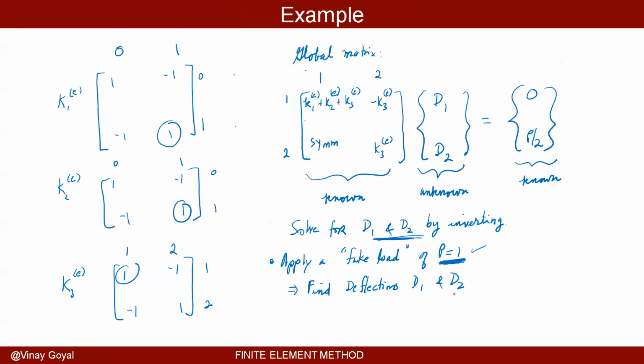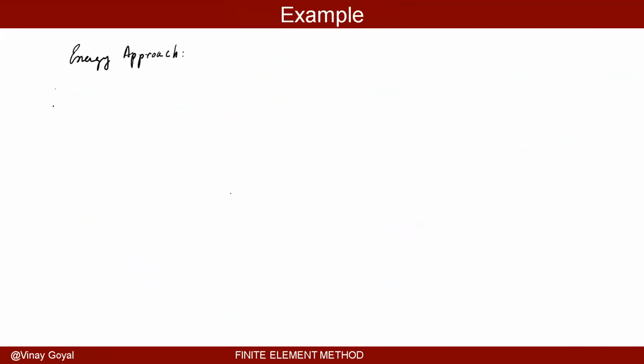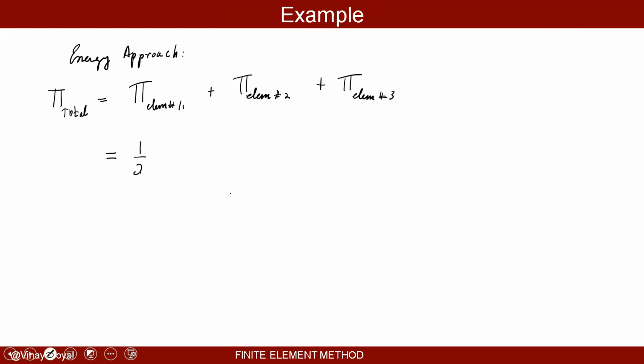So we have a total pi representing the total potential energy. We have 3 springs, so the total would be pi 1 plus pi 2 plus pi 3. And in the general case, if we have some external work, we need to subtract it from the right-hand side.